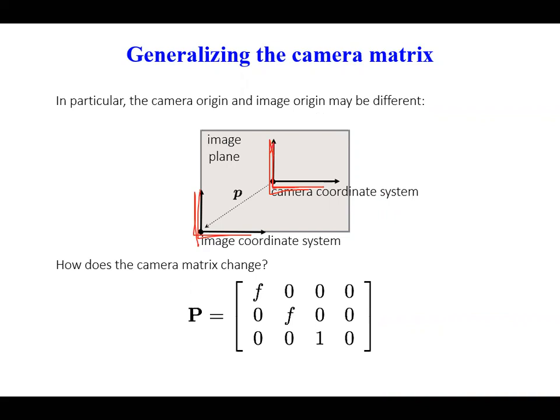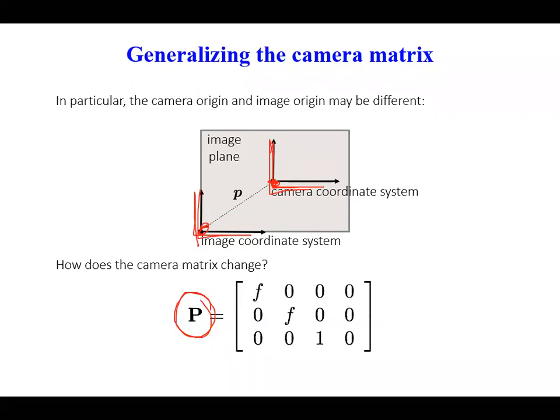How can I transfer this to this, or the other way around? I have my point, I have P. So now we got to that particular origin, but how can we go to the other origin? You can think of this simply as a shift with a certain scale or value to the x and another value to the y. But where will this affect me here in the matrix?